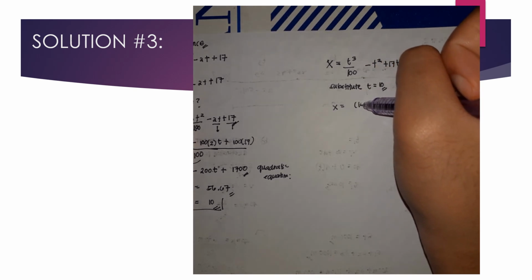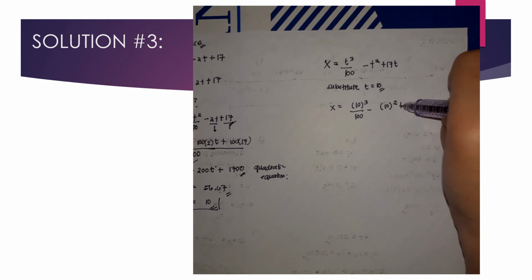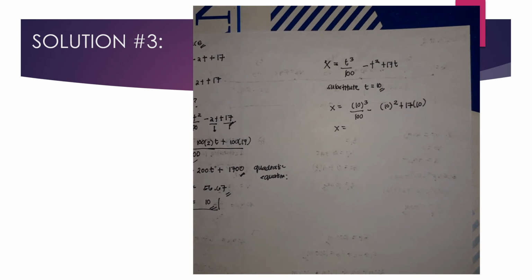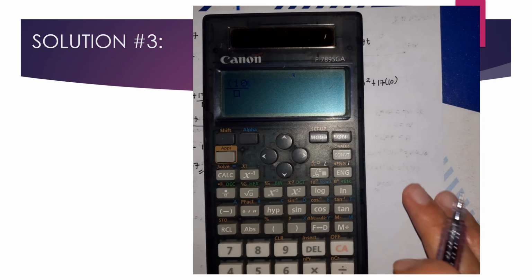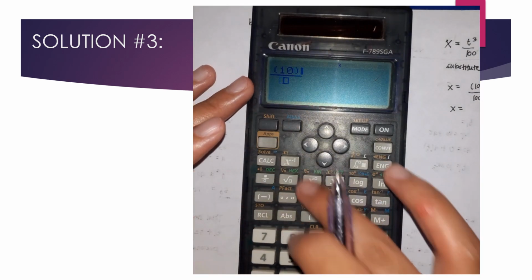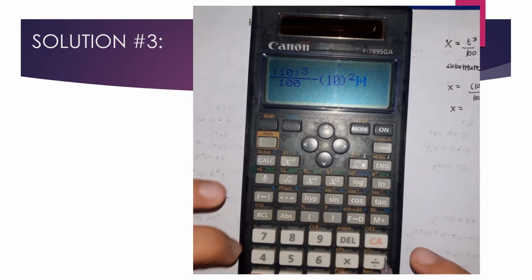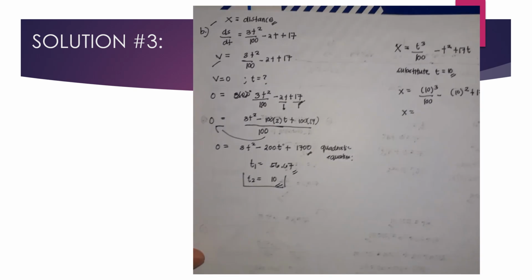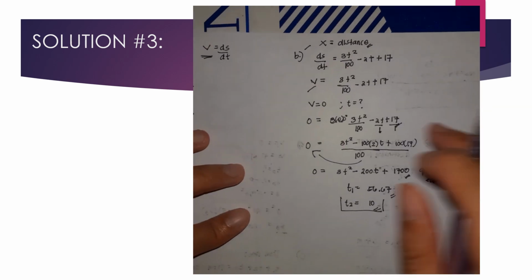We substitute this to this equation: 10 cubed over 100 minus 10 squared plus 17 times 10. So we have 80 meters. x equals 80 meters. And this is our answer to letter B.